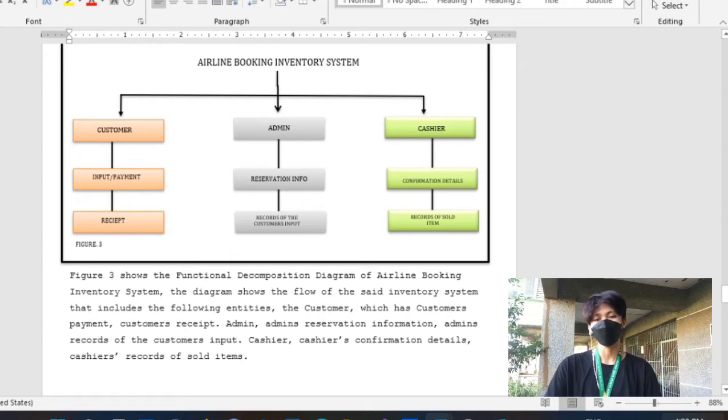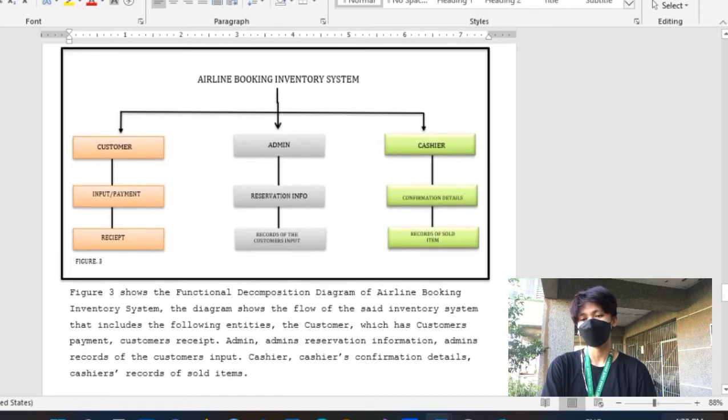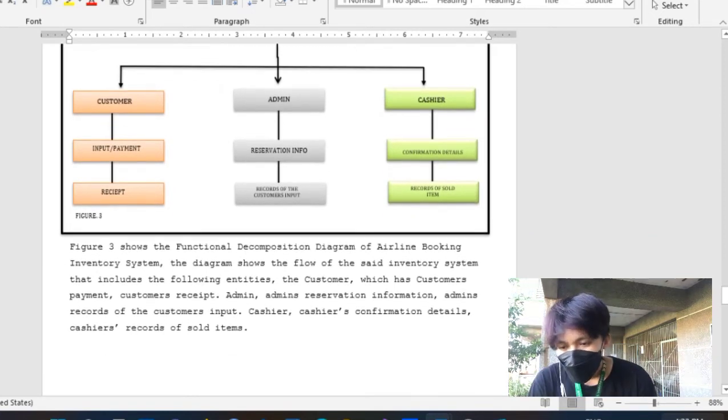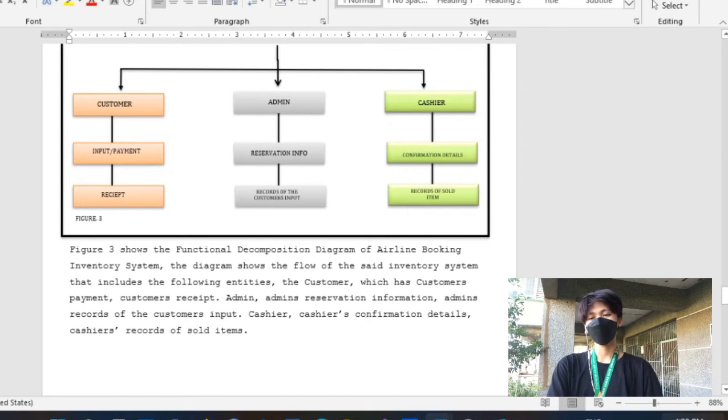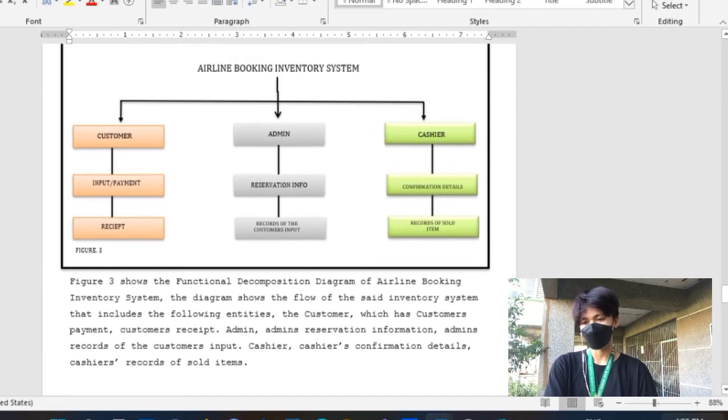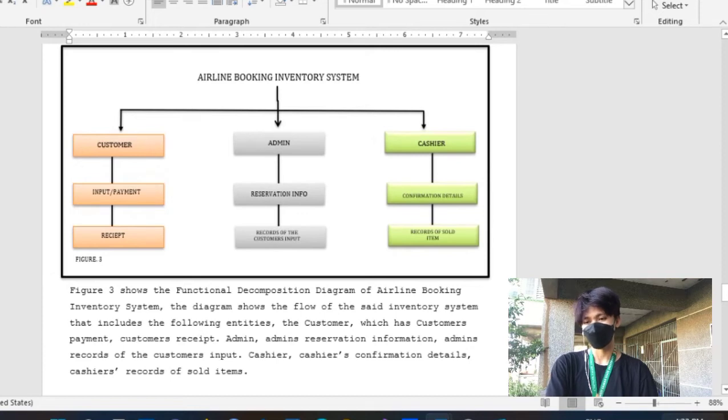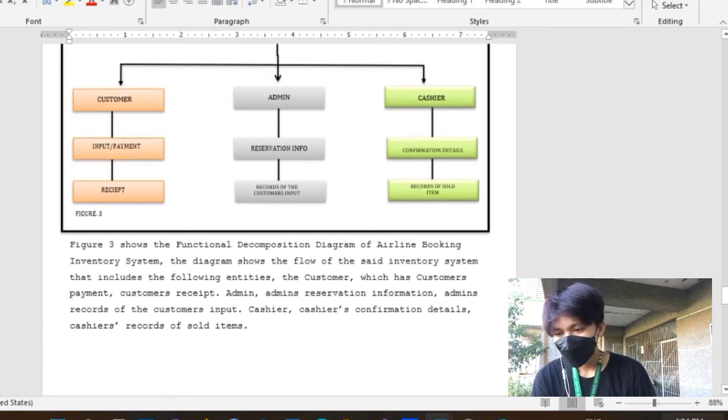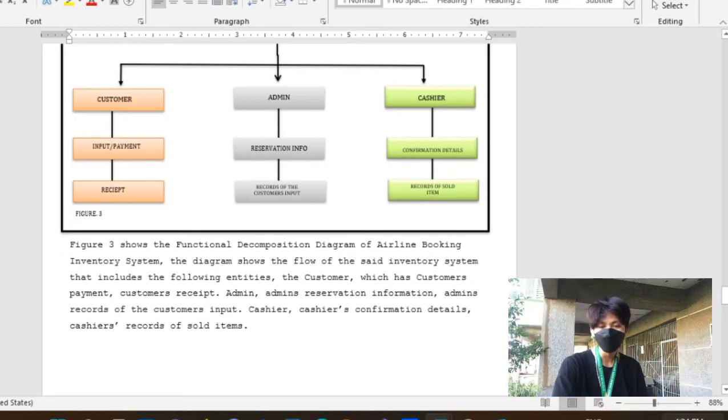The customer has two sub-entities, which are the input or the payment, and the receipt. The admin is also composed of two, which are the reservation info and records of the consumer's input, while the cashiers, on the other hand, have two sub-inputs: the confirmation details and the records of sold items.